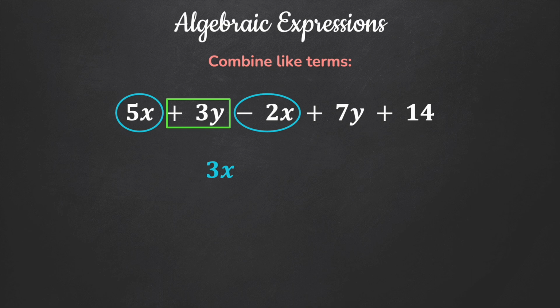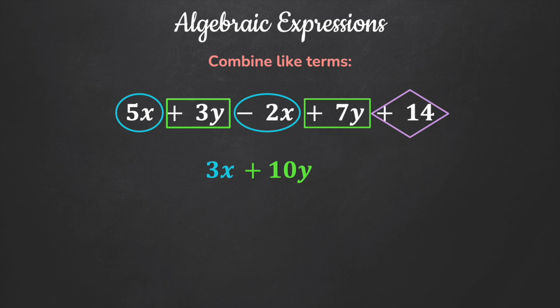Now let's move on to 3y. So this is a positive 3y, and so we're going to look for other terms that also have y as a variable. And in this case, we have plus 7y. So 3y plus 7y is equal to 10y, and that is positive, so we're going to put plus 10y.